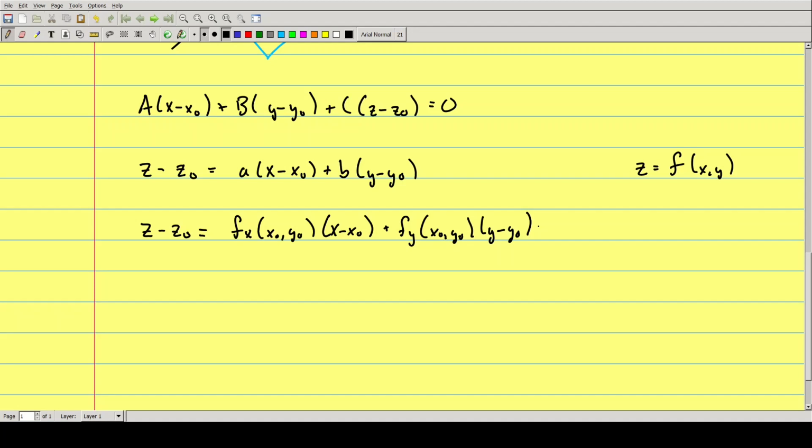All right, so this is our tangent plane equation. Thank goodness it's easy to remember, right? It's just a plane version of the point slope formula. Okay, that's another way to think about it.